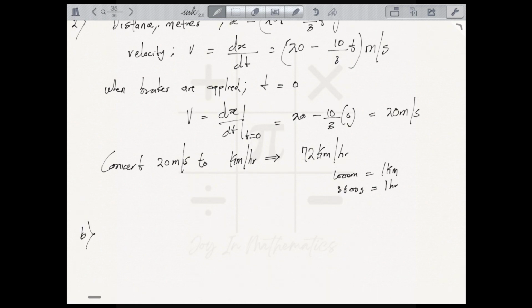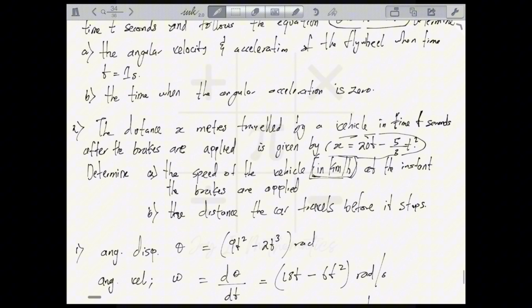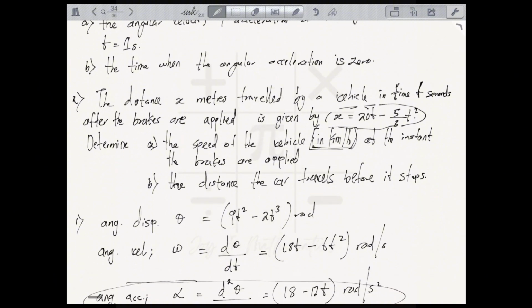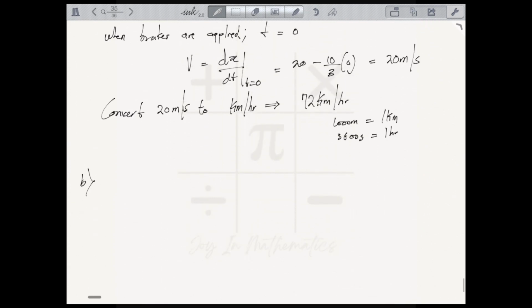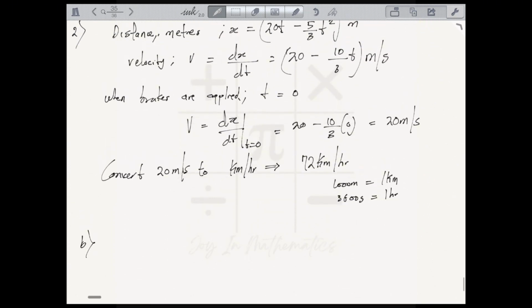Now B. The second question says determine the distance the car travels before it stops. Now when the car finally stops, that means the car is no longer in motion. That is, velocity is equal to 0. So if the velocity is equal to 0, we can find the time duration for it to stop.